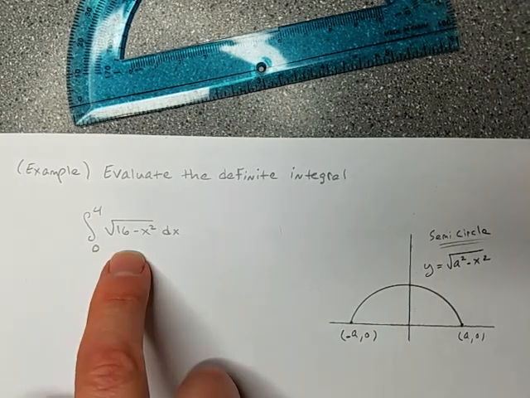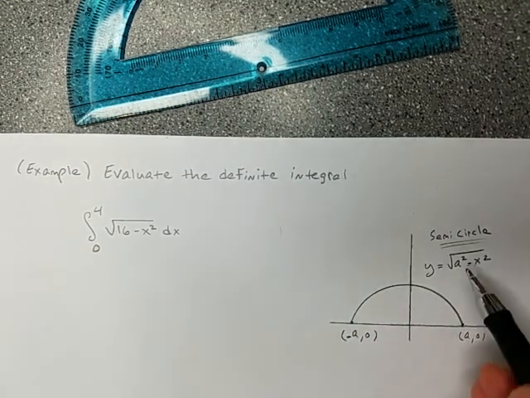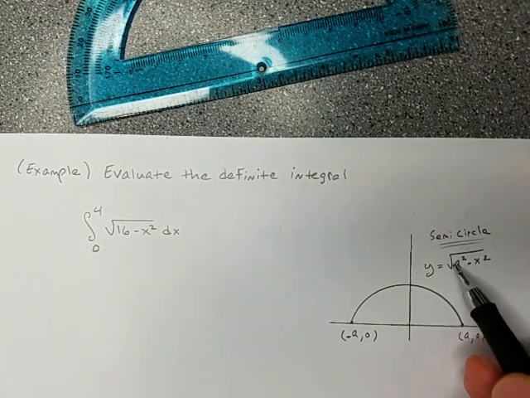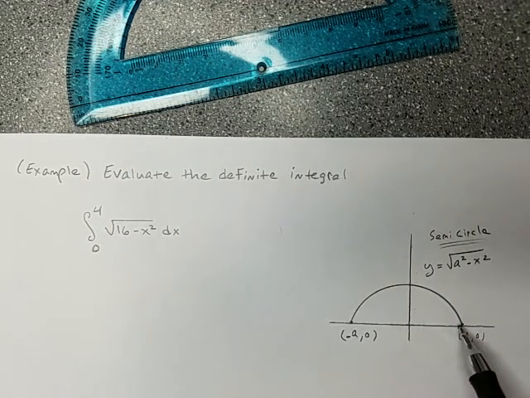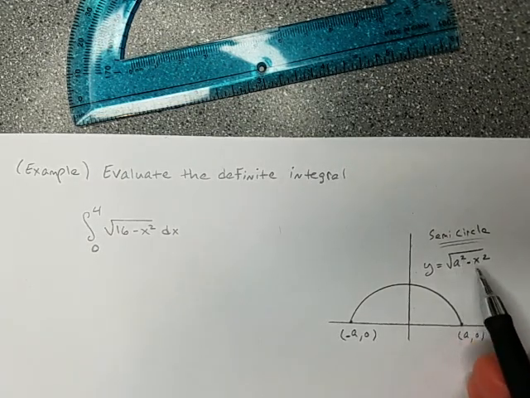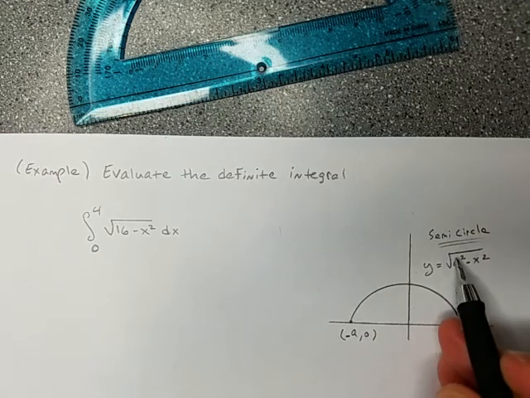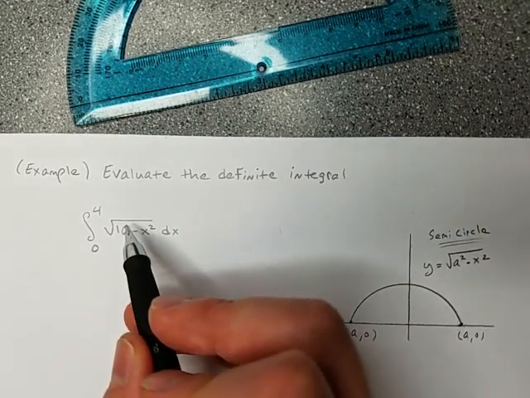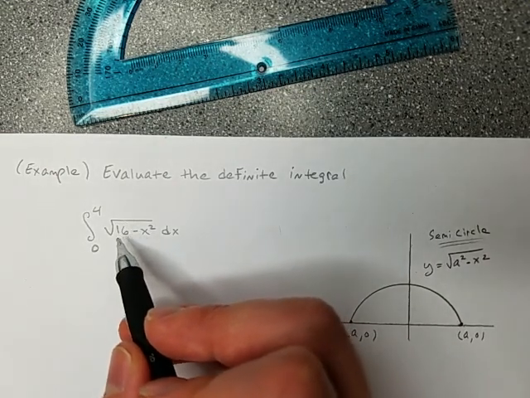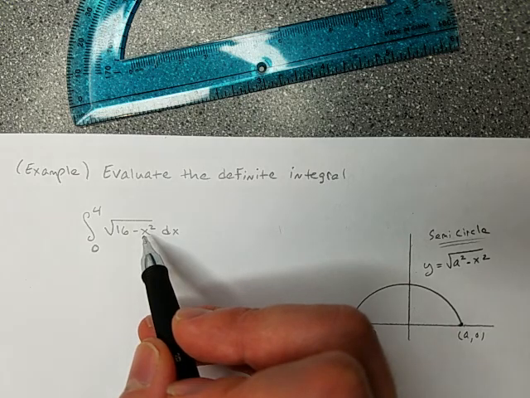I recognize that's a semicircle, and from what I told you here, this number determines the radius. If that's a squared, then this edge is a and that edge is negative a, and the radius is a. So when I look at this, I see 16, that's 4 squared. So this would be a semicircle of radius 4.